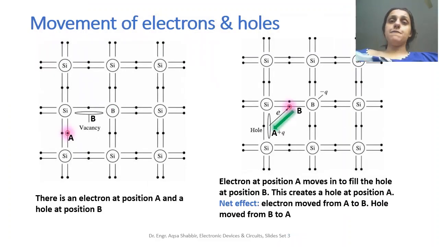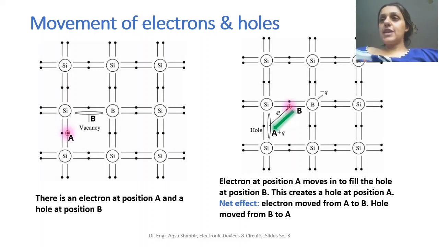Over here in the figure on the left, we see that there is a hole or a vacancy at position B, whereas there is an electron at position A. Now looking at the figure on the right, we see that the electron, which in the previous figure was at position A, moves in and fills in the hole or the vacancy at position B. Because the electron at position A has moved in to fill in the hole at position B, at position A a hole has been created.